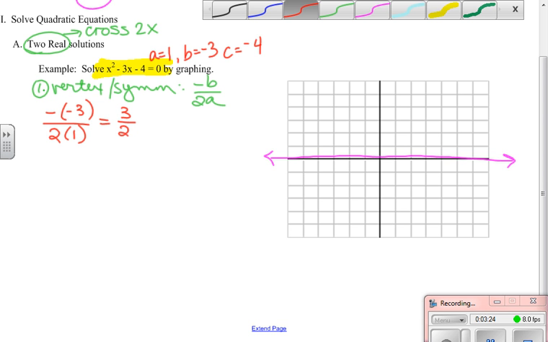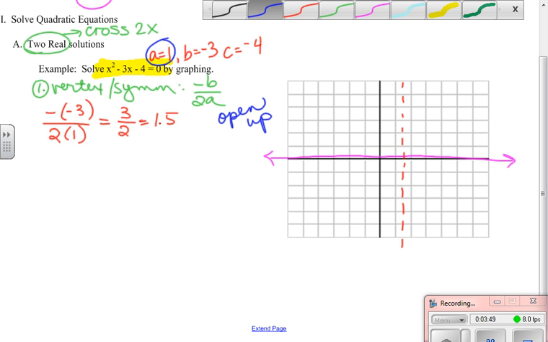So somewhere about 1.5 I'm going to have my vertex point. Now, I also know that this is open up. So depending on where that vertex is, I will have 1, 0, or 2 solutions.